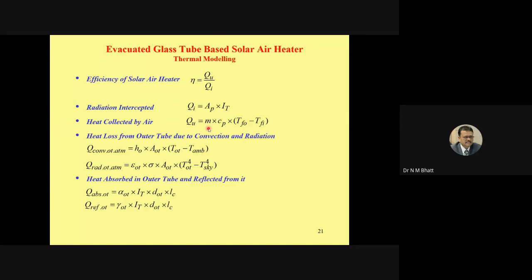Now let's start with the outer tube. As I mentioned earlier, there would be convection from the outer tube. That can be estimated using this equation, h A delta T. The h is to be evaluated using an appropriate correlation.